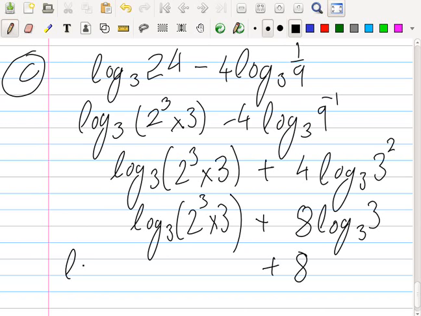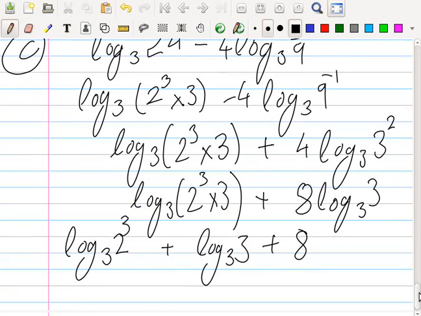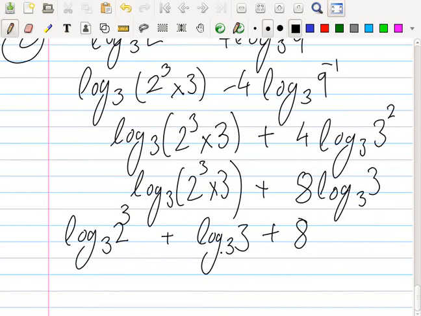And here this is log 3 2 cubed plus log 3 3, because I'm using the first rule to split these up. So log 3 3, 1. And then what can I do with the 3 here?